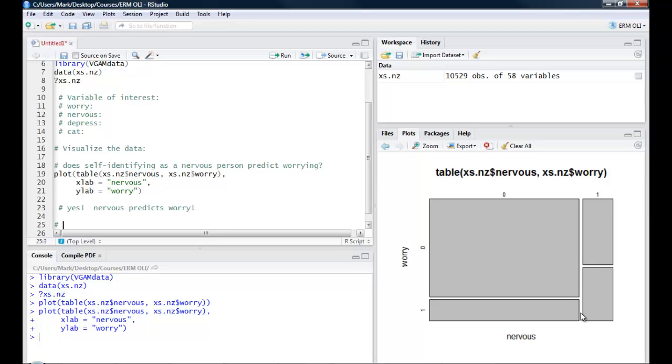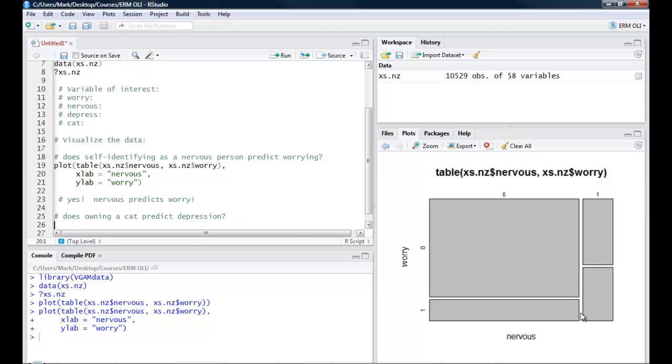So as another example, we might ask, does owning a cat predict depression? And so here we can, again, because we're focusing on categorical variables, both this variable depress and the variable cat are just coded on a 0-1 scale: 1 if you're depressed, 1 if you're a cat owner. We can again use this plot table approach.